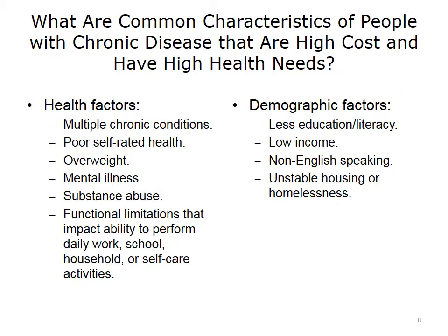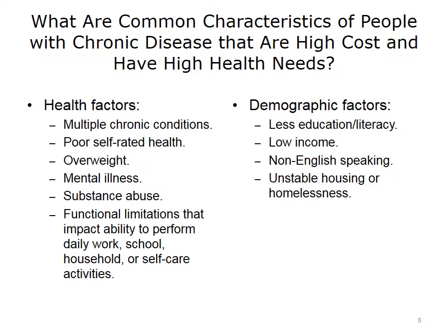What are the common characteristics of people with chronic disease? Often these people are high cost. They have very high healthcare needs. In terms of health factors, many patients who have chronic disease do not present with just one chronic condition, but often with multiple chronic conditions. They rate their health as very poor.